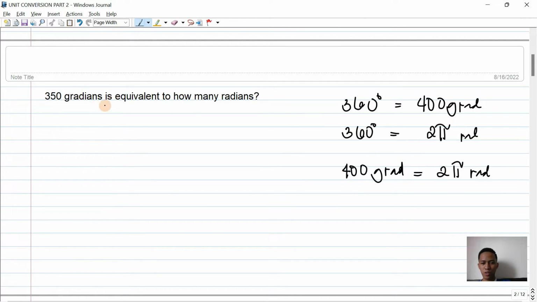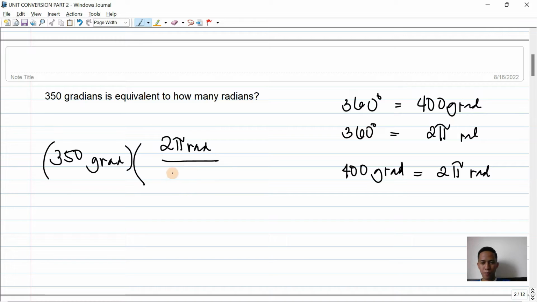So, i-convert natin to gradients to radians. So we have 350 grad, and that's multiplied to your unit conversion, which is 2 pi rad, okay, 2 pi radian per 400 grad. Okay, so yung kalalabasan mong unit, grad will cancel out here, so ito na lang ang lalabas sa radian. Okay, pwede mo nang hindi ilagay, pero pwede mo rin ilagay yung word na rad.